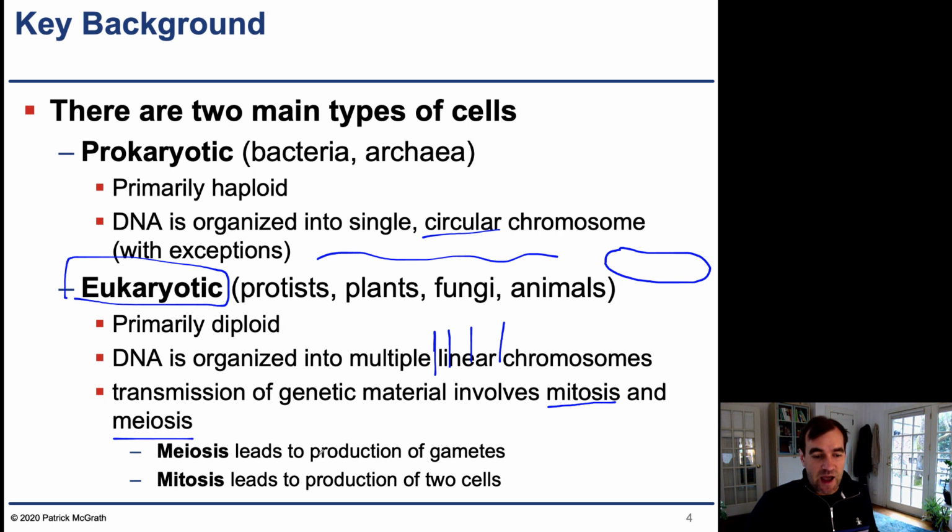The way that happens is that cells divide over and over and over again, and they use this process of mitosis. So this chapter is going to cover these 2 essential processes, meiosis and mitosis, in a lot of detail.